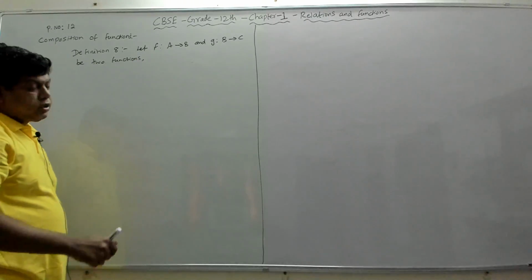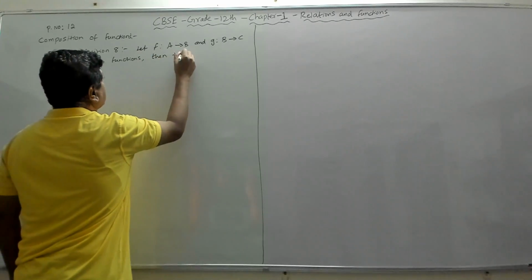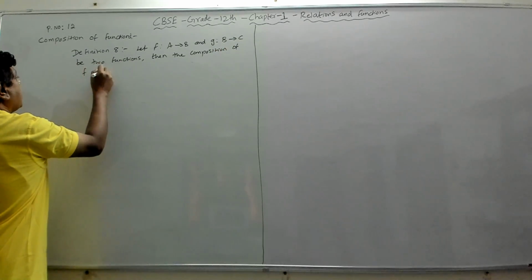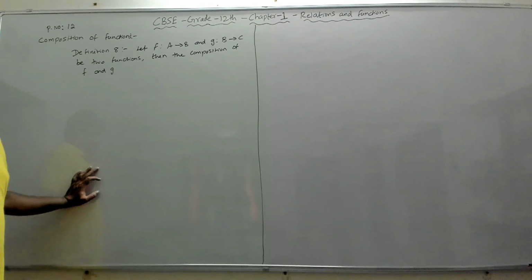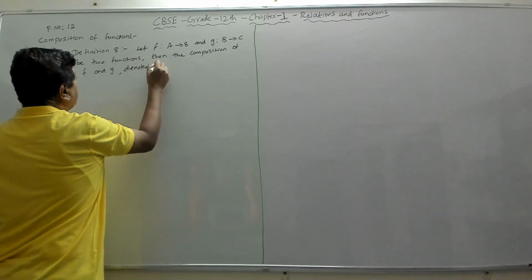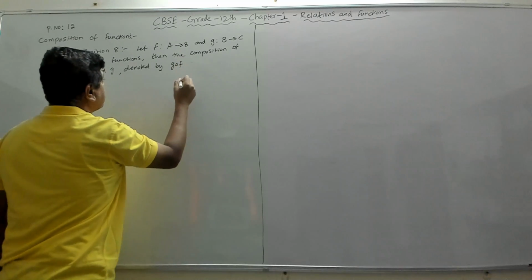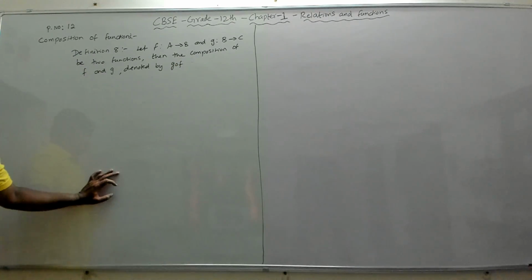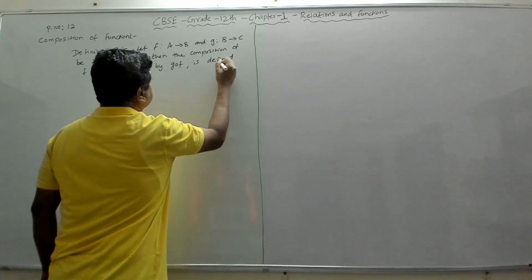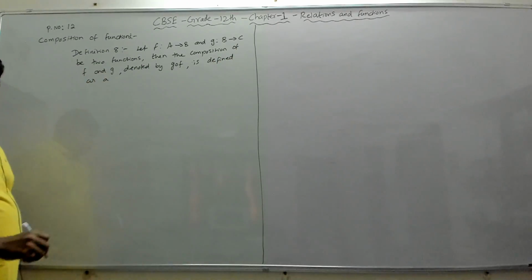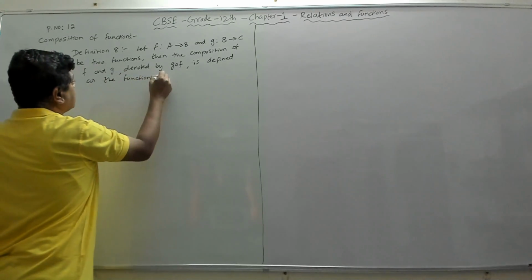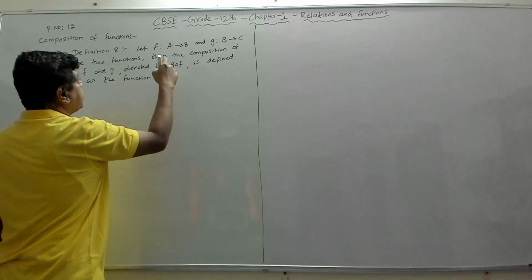Then the composition of f and g, denoted by g of f, is defined as a function g of f from set A to set C.